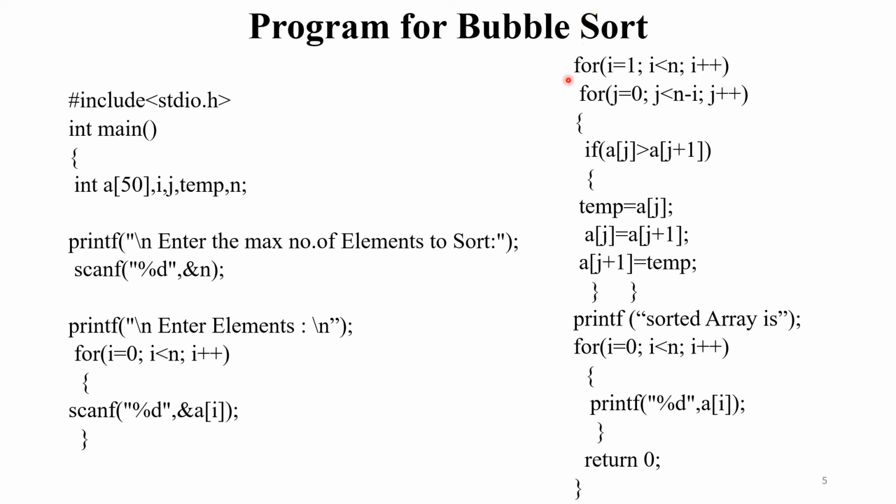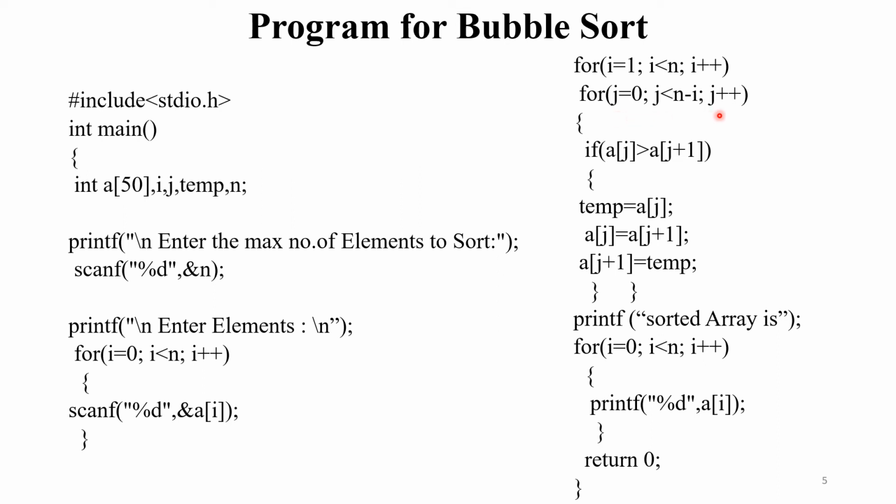Next, in the for loop, i is equal to 1, i less than n, i plus plus. I is used for passes, so our first pass starts from 1 and goes to n minus 1. Here our n is 5, so our passes are 1 to 4. Now in each pass there are some iterations.